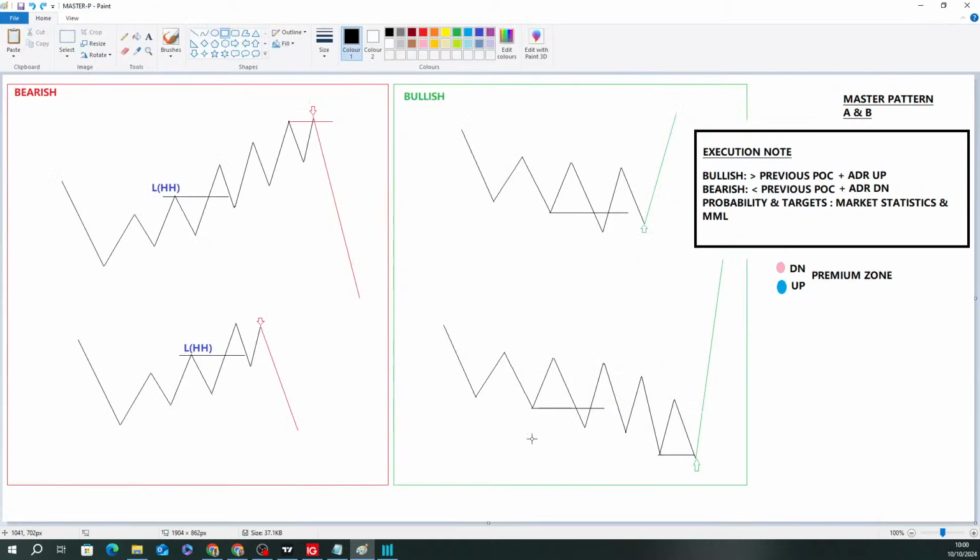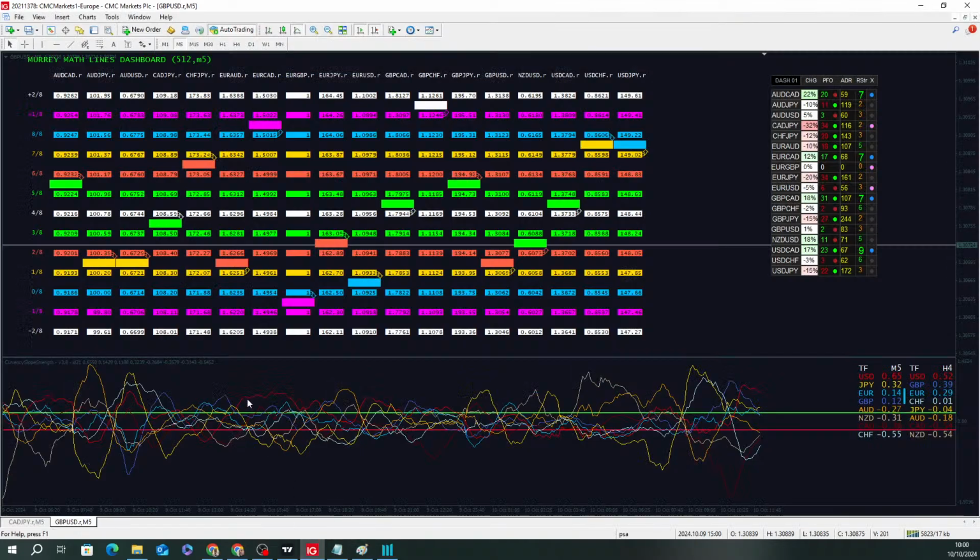Basically, we want to trade the master pattern that I've been discussing in the last couple of days, and we want to analyze using the dashboard. Then we can execute the trades on the time frame we've decided to use, which is the 5 minutes chart.